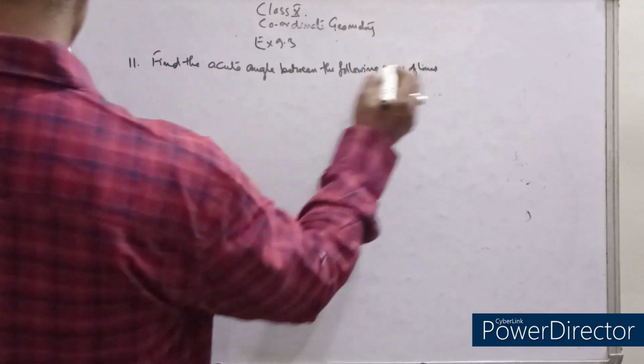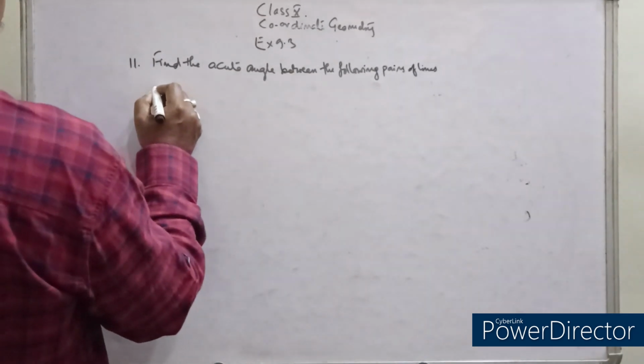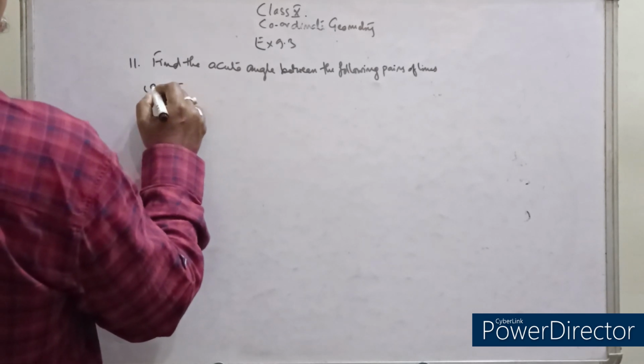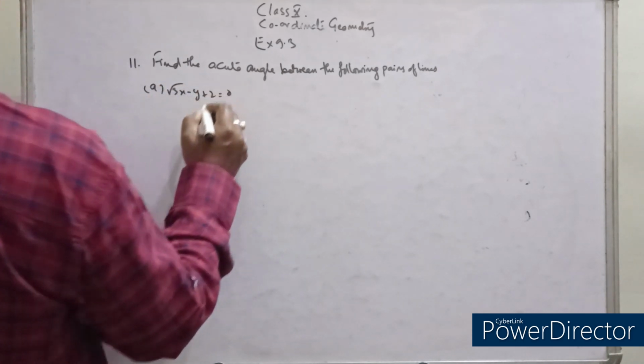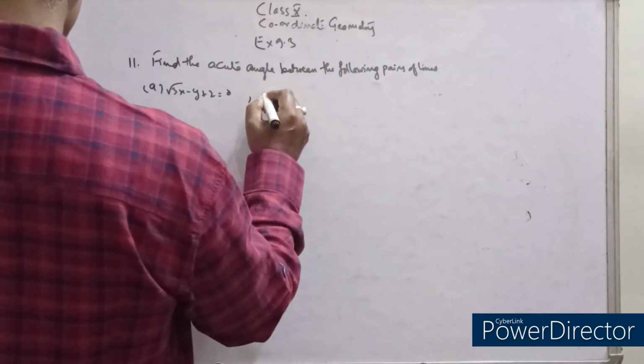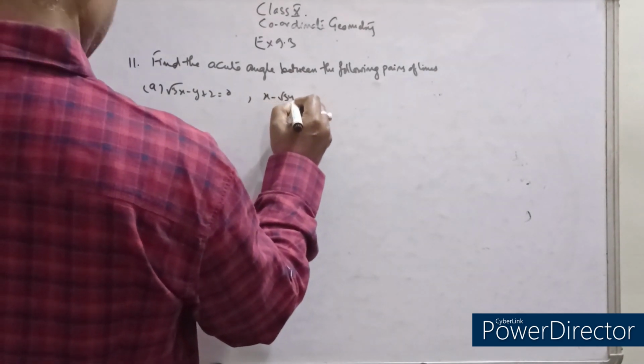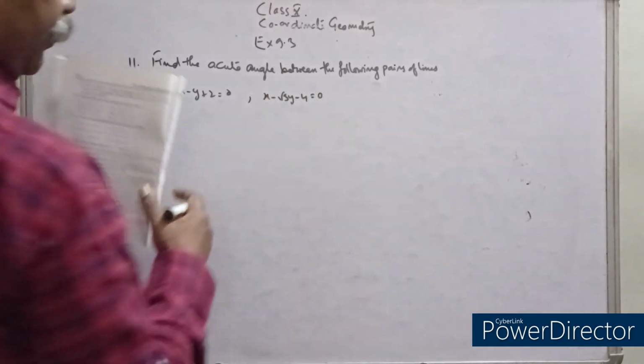You have to find the acute angle. So here the question is A: root 3 x minus y plus 2 equal to 0, and the other is x minus root 3 y minus 4 is equal to 0.